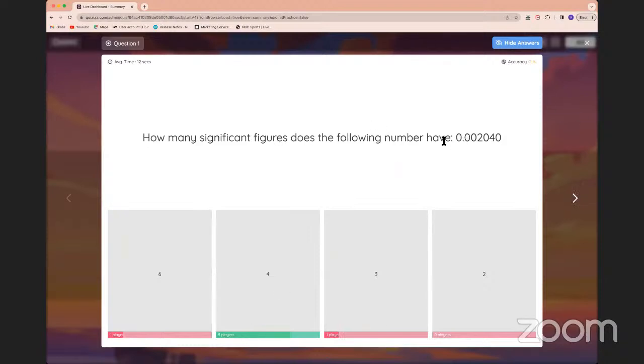How many significant figures does the following number have? Four class members got it right. The correct answer is 4.